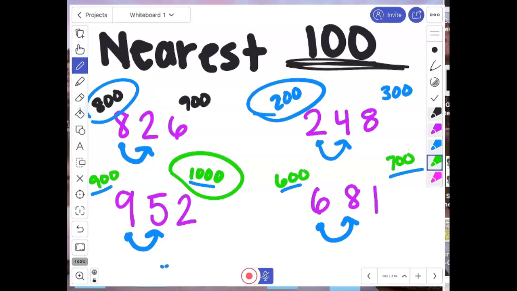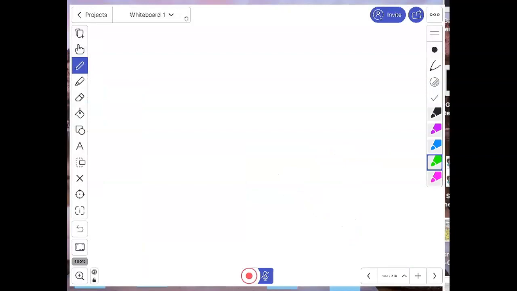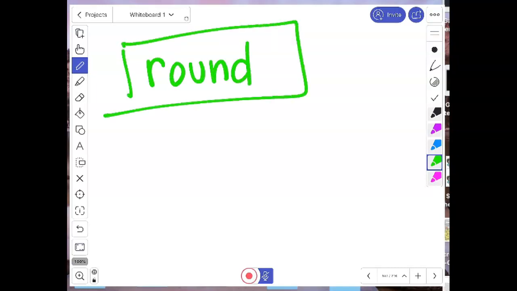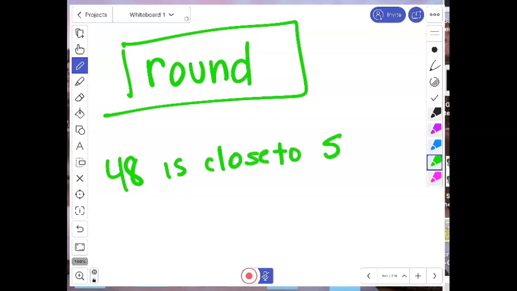I look next door over here, that's an 8, so that I round up to 700. Okay, last thing I want to tell you is that when we round, there's a word that you might hear. If I rounded 48 to the nearest 10, I could say 48 is close to 50.